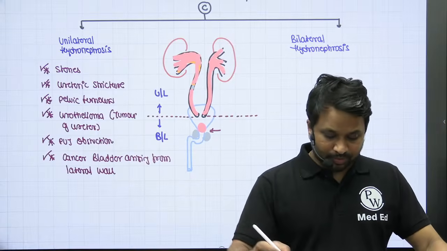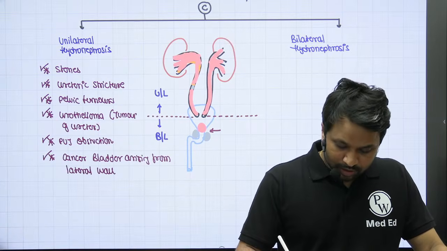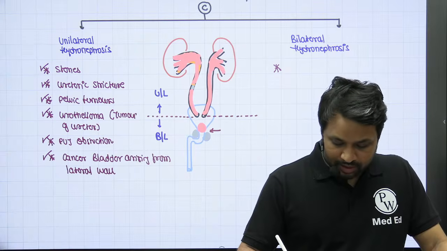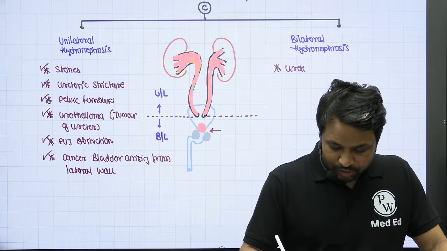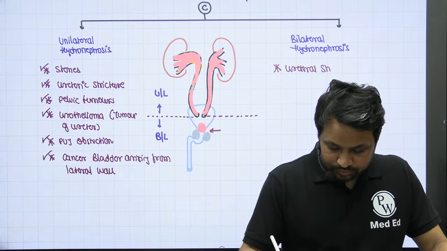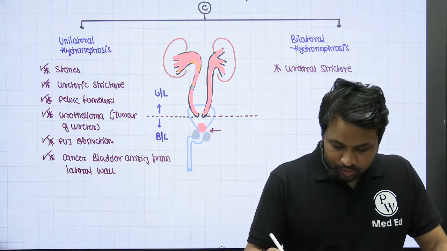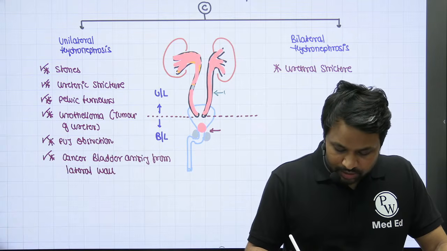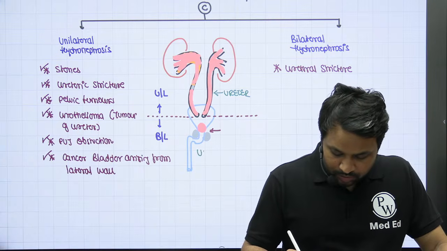Now when it comes to bilateral hydronephrosis, what are the causes? Number one, it can be because of urethral stricture. I hope everybody knows these are your ureters, and this happens to be your urethra.